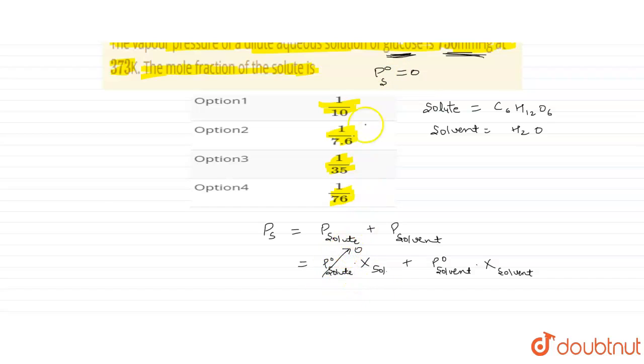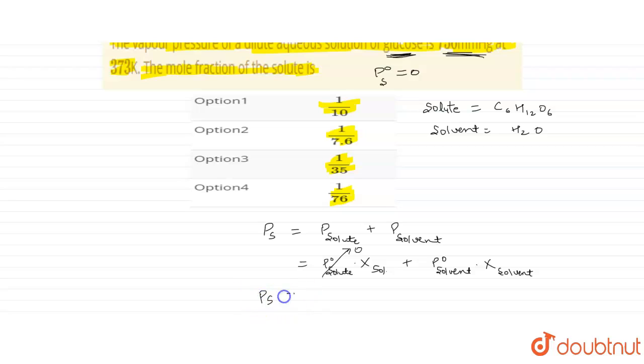Here P naught solute will be 0 because the solute is non-volatile. And this solute is also in solid form. We all know the vapor pressure of pure solids is 0. That's why the vapor pressure of glucose is also 0. So this whole term will be 0.